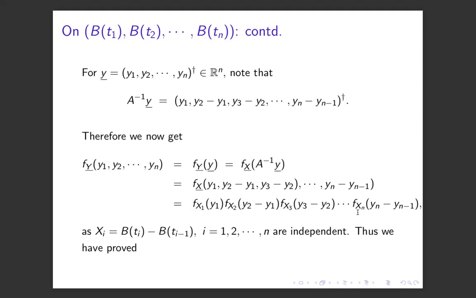And the last one, f sub xn, we know that it is the probability density function of N(0, tn minus tn minus 1). Please note it down.